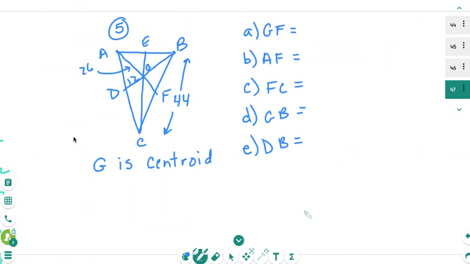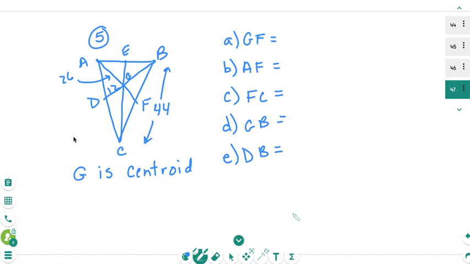All right, now we have a centroid. So the first thing that we're going to look for is GF. So GF is going to be this small section here.